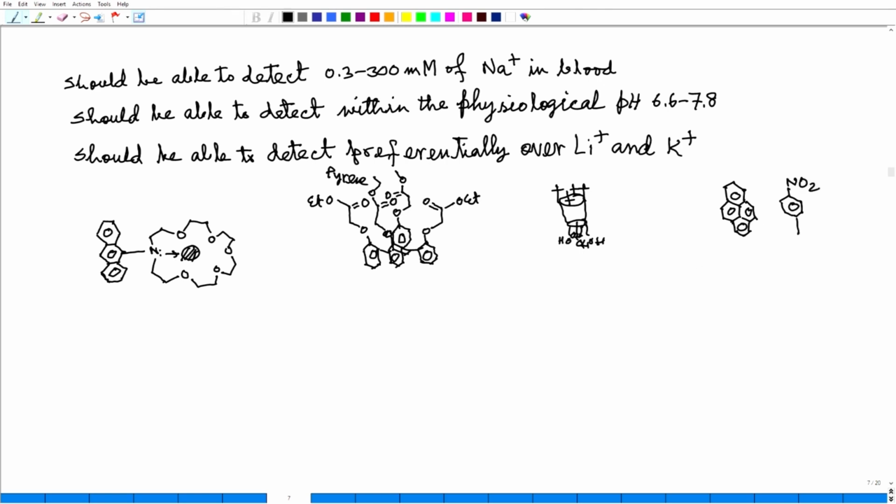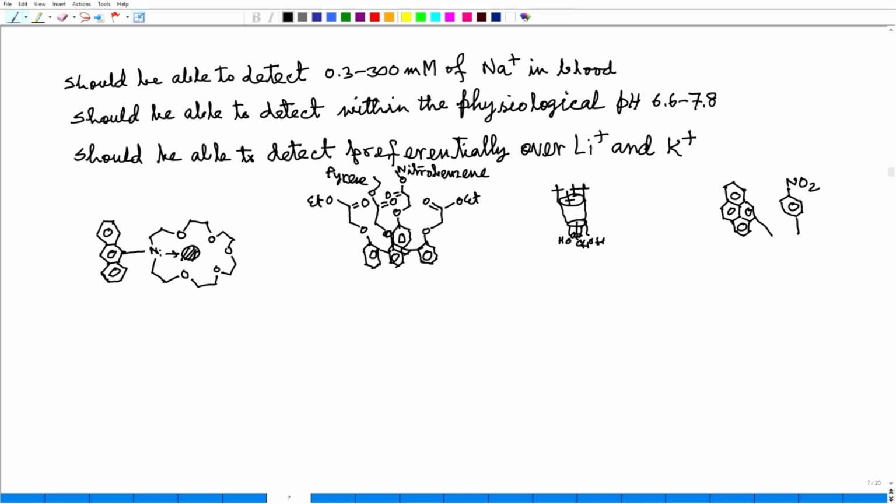So, it is bound through this and nitrobenzene. This is pyrene and this is nitrobenzene. Now, what happens when nothing is added?